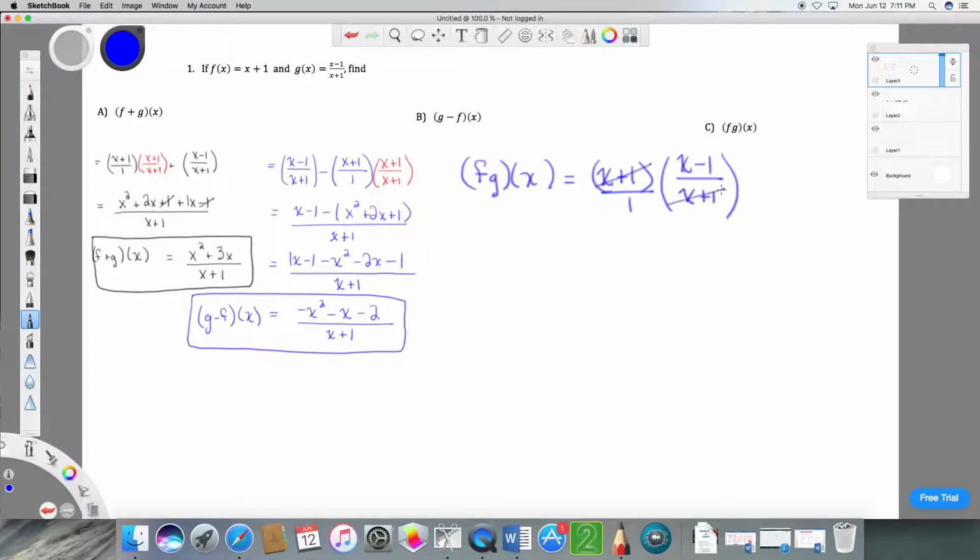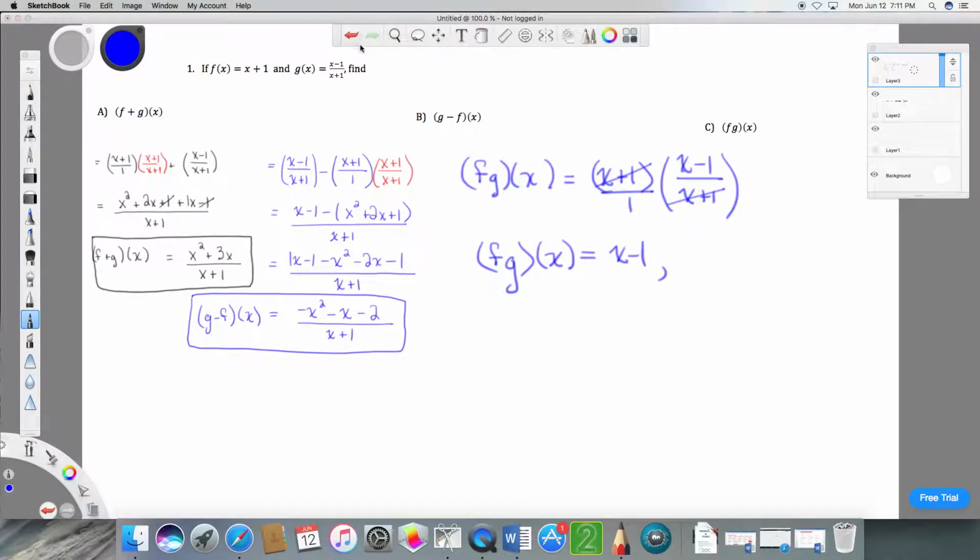So this denominator and this denominator cancel. And we have this new function that was made by multiplying the two old functions together, and we have x minus 1.